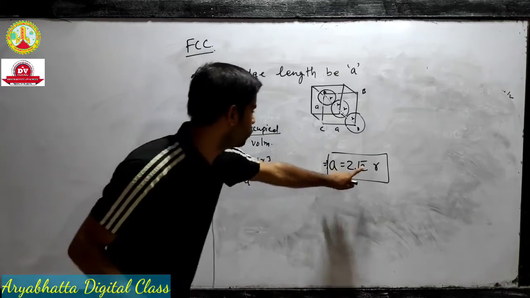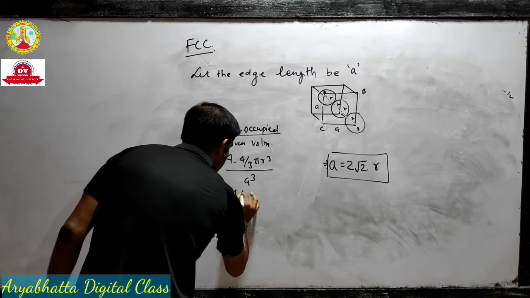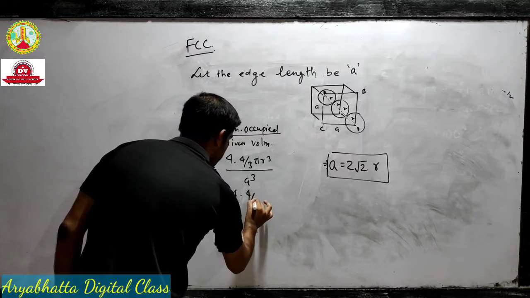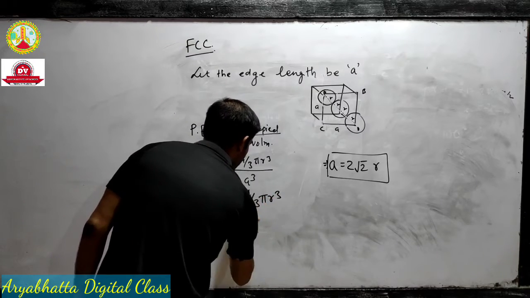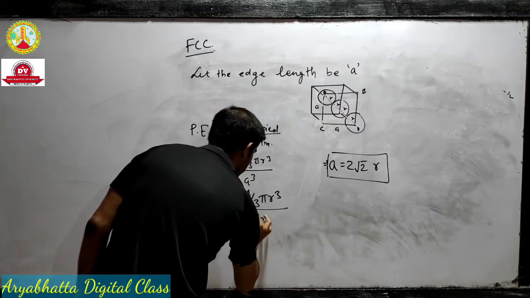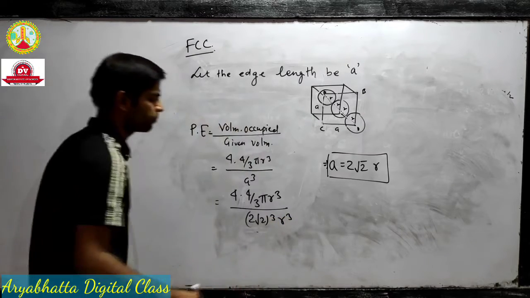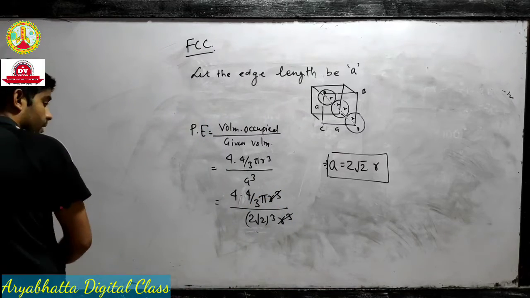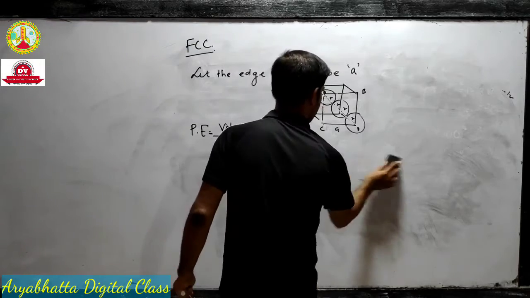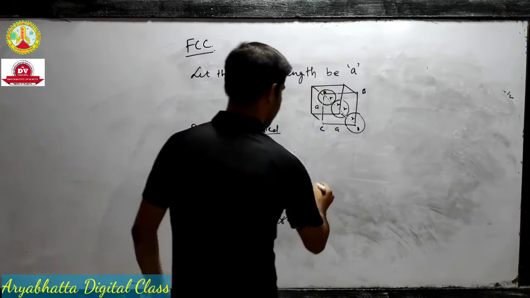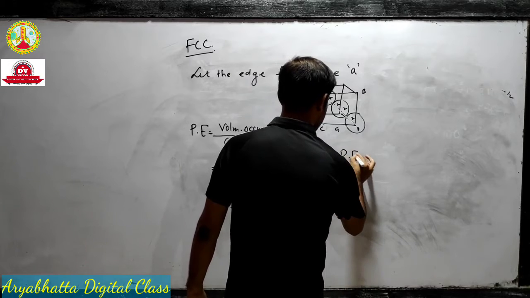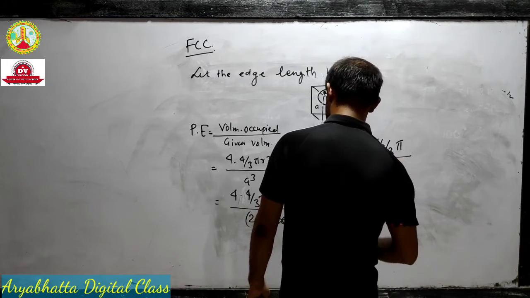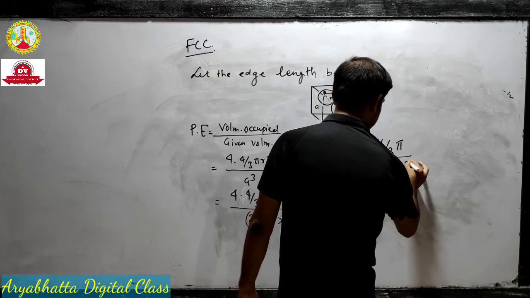Let's replace A with 2 root 2 R. So we get 2 root 2 cube and R cube. We lose this R, and once we lose this R, now we have 4 by 3 pi divided by 2 root 2 cube.